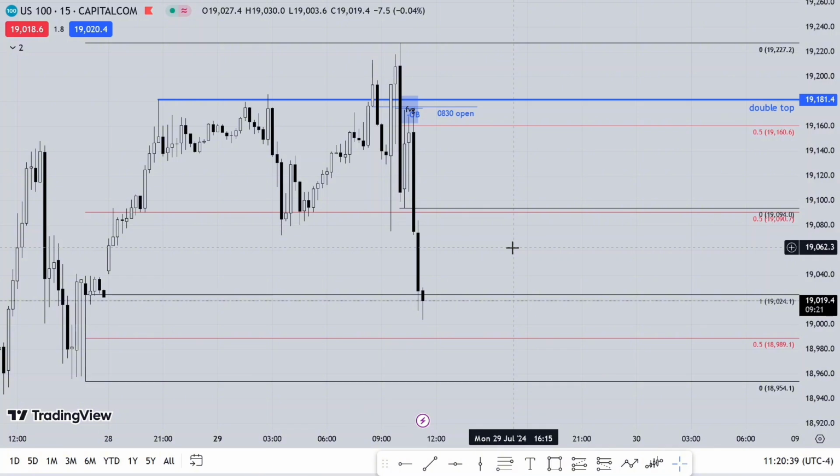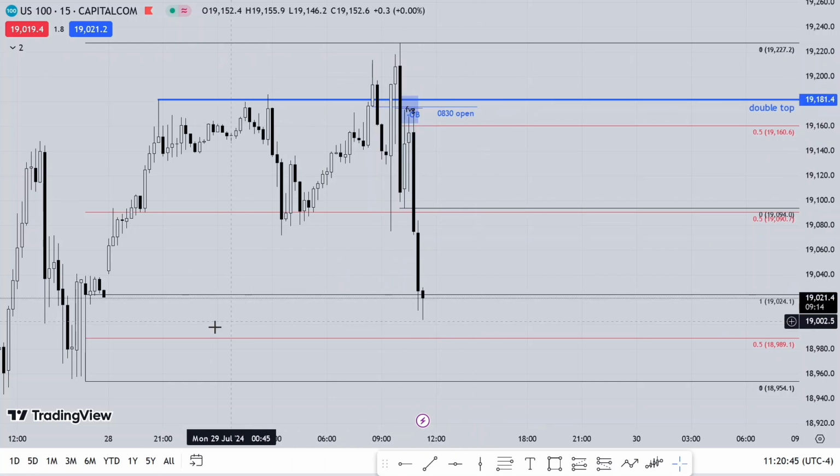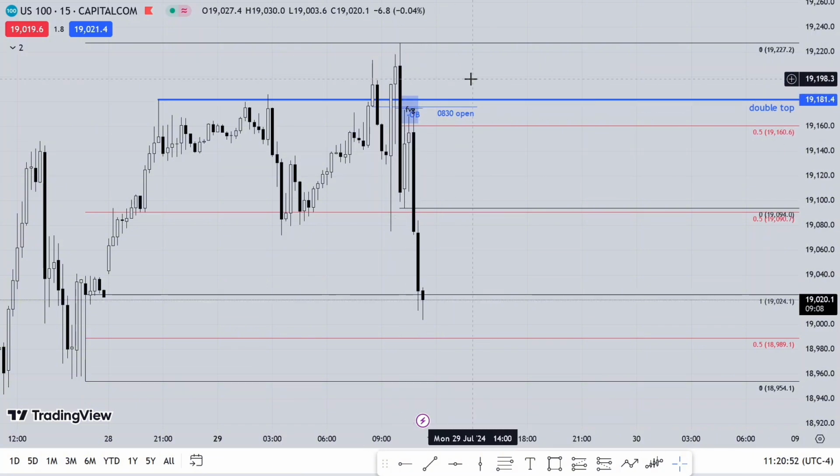So when dealing with premium, equilibrium, and discount, you want to have a clear, definable range of price action to understand where price is likely to draw to next and understand where it is coming from.